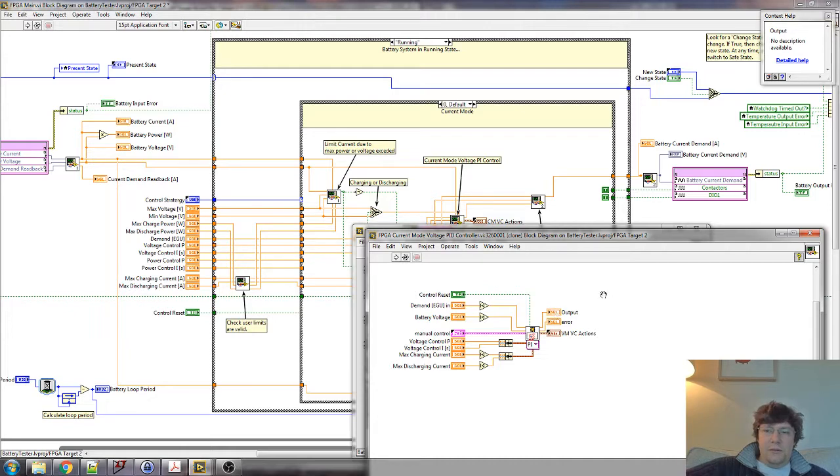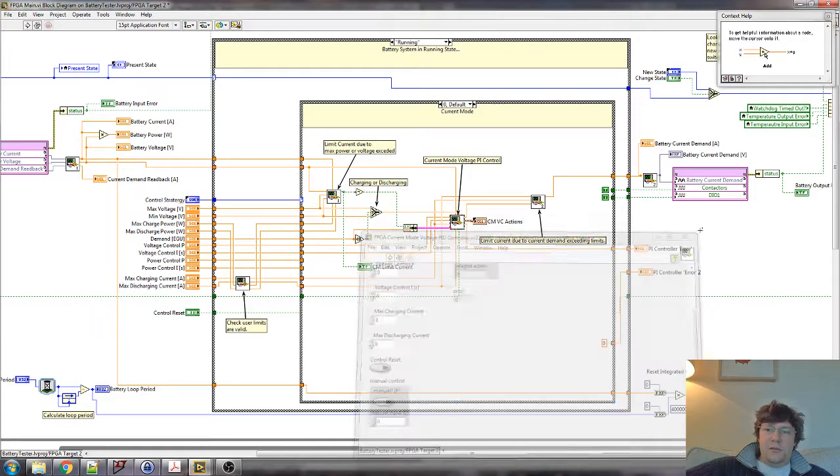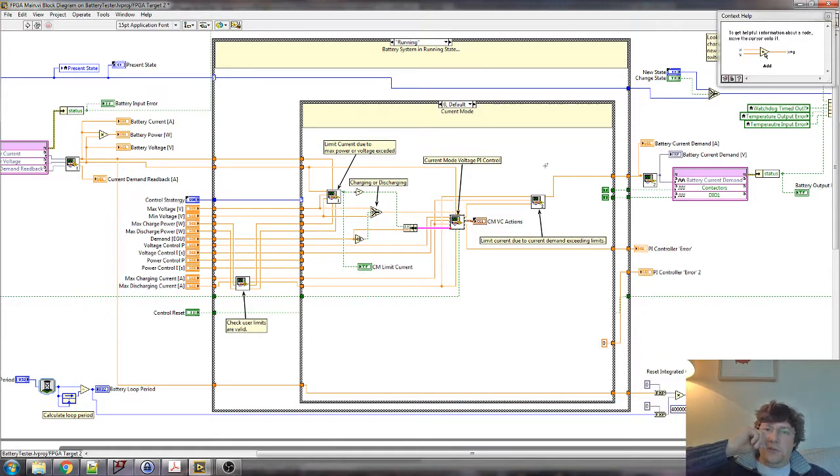Output is current because the power electronics that I designed for all this was a linear transconductance amplifier. So you have a small voltage on some analog input pin, and that acts to control a very large current which is flowing in or out of the battery.